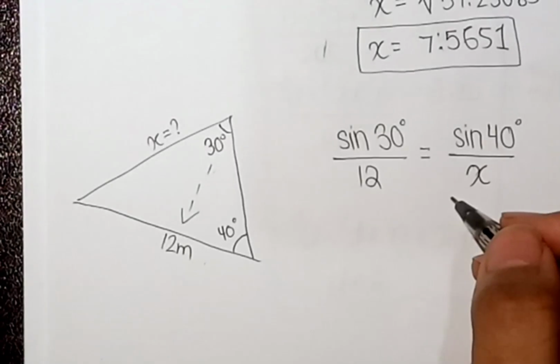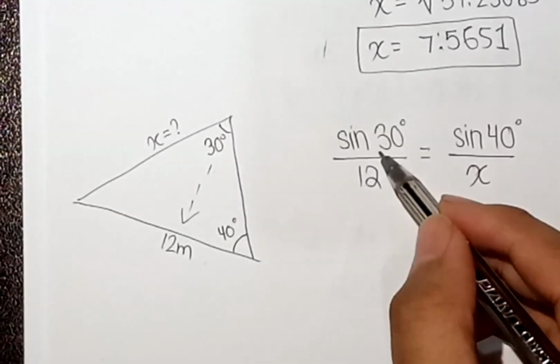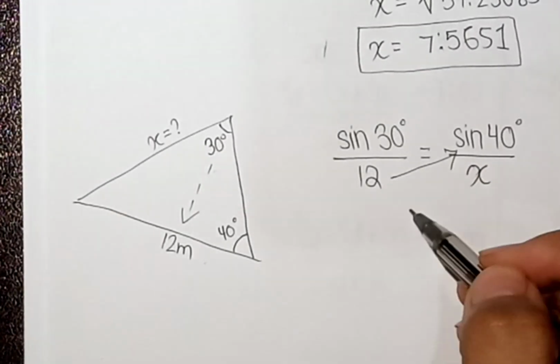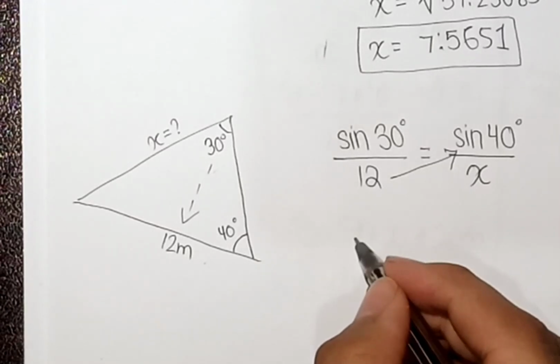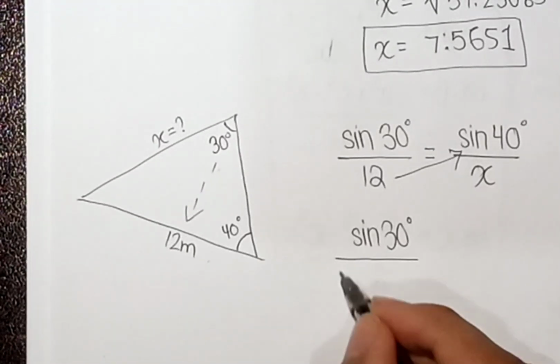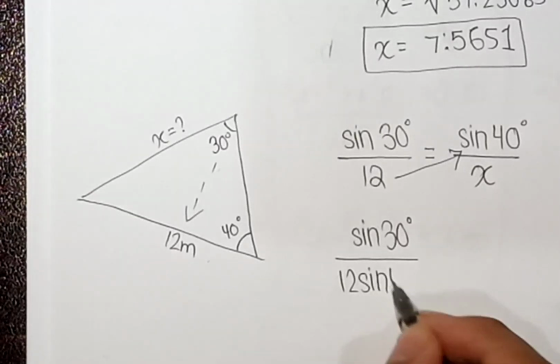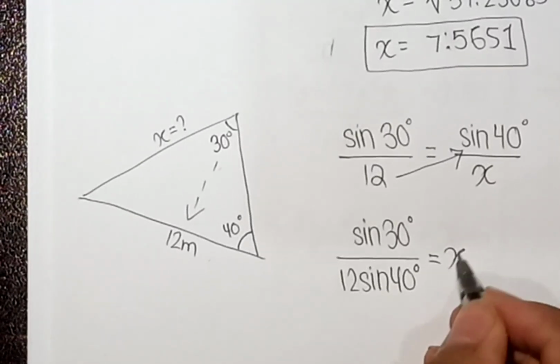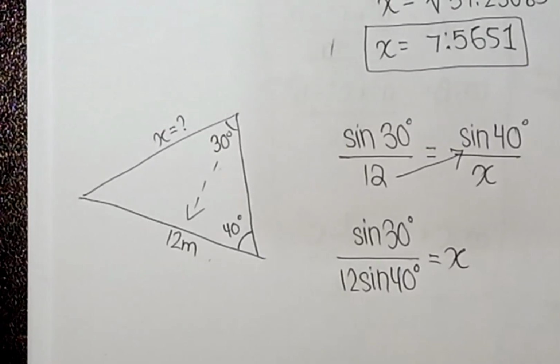Now ultimately you can see that 12 is dividing, so when it goes there it will multiply. So the answer will be sine 30 upon 12 sine 40 is equal to x. You have already made x the subject.